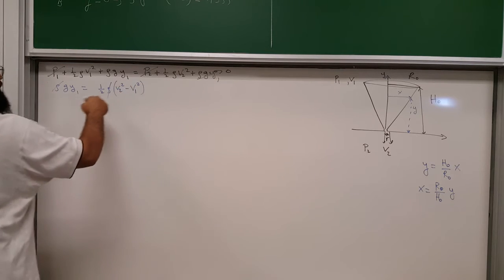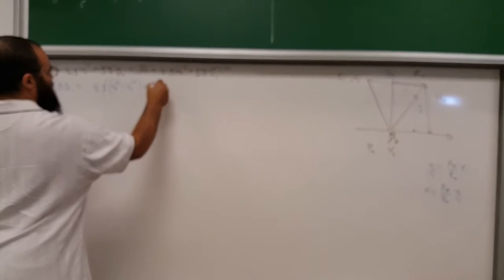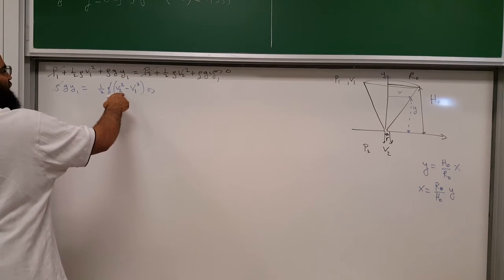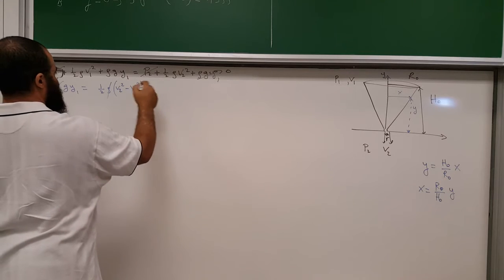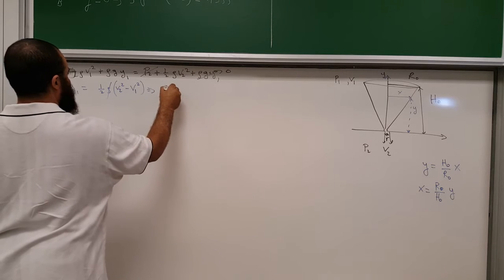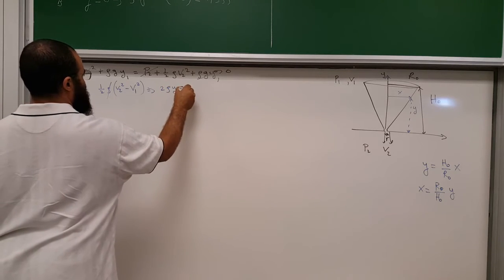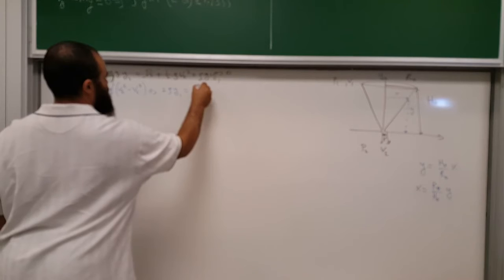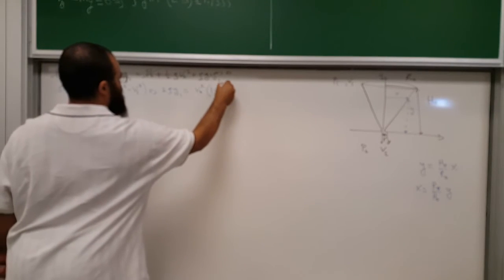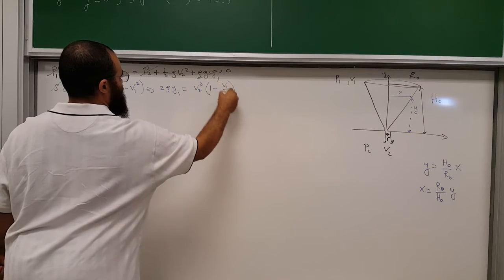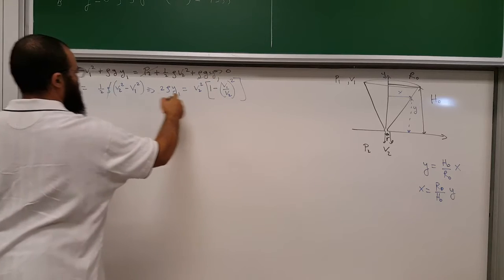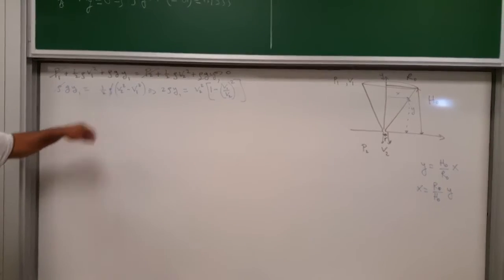Now let me factor V2 out. So I get 2 rho y1 equals V2 squared times (1 minus V1 over V2) the whole thing squared. I factored the V2 out.